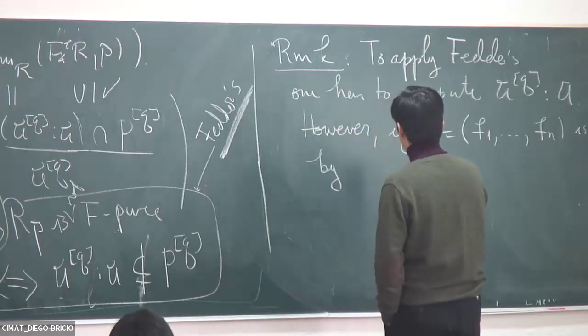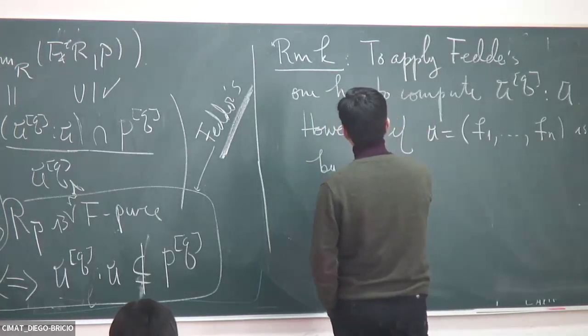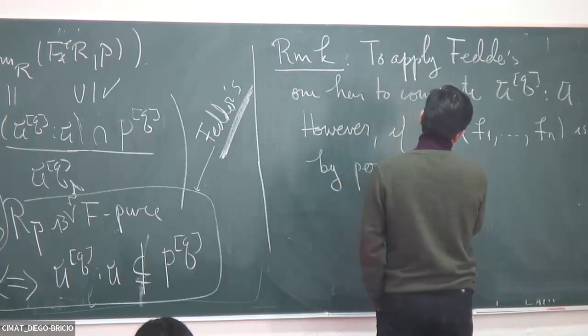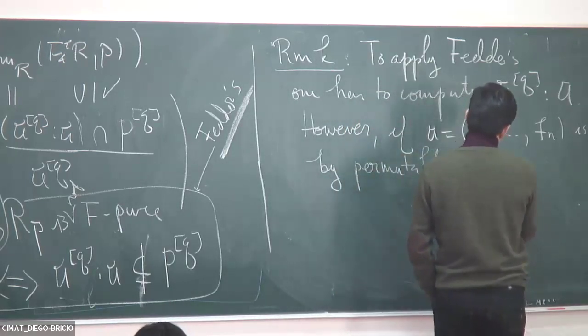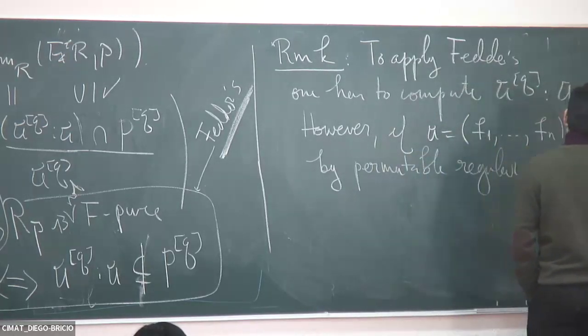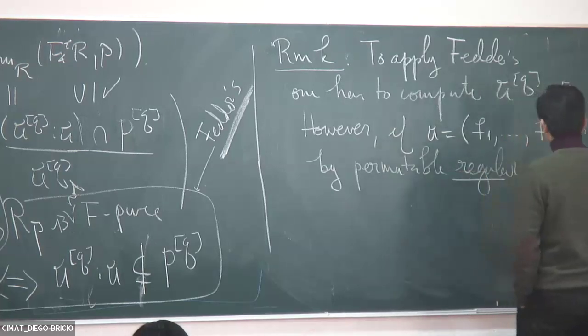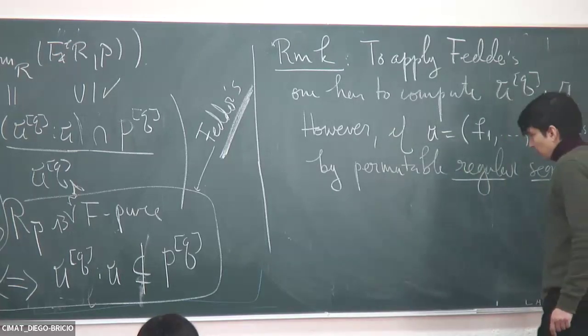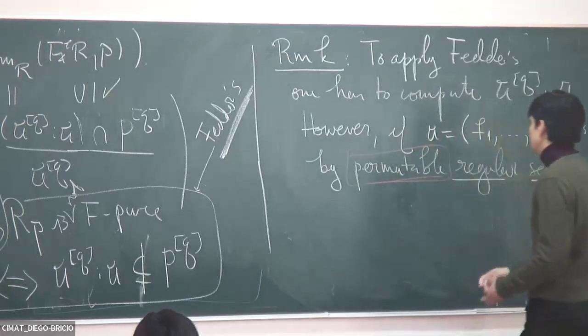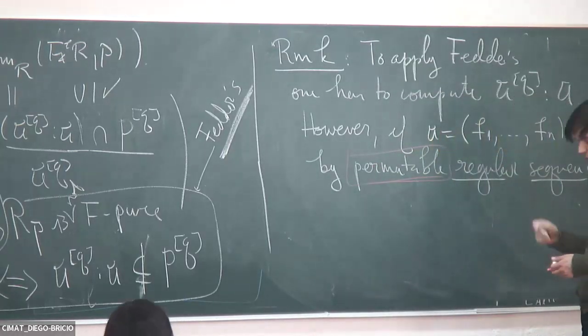And here I need a word, let me explain in a sec. A permutable regular sequence. And now we need to look at this. Let me say it that way. So what is that?